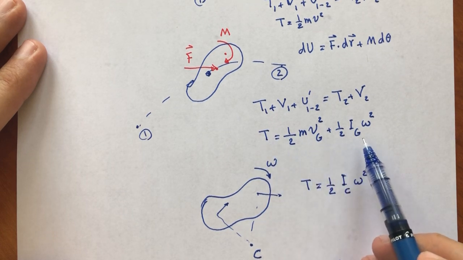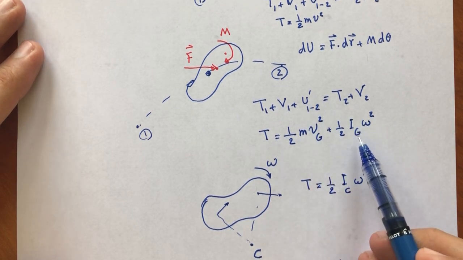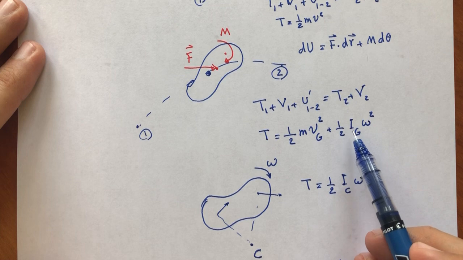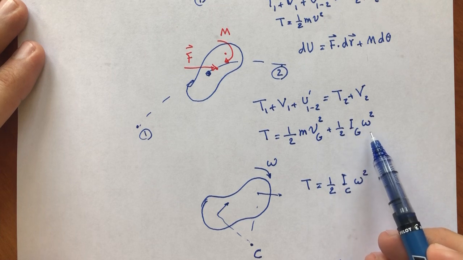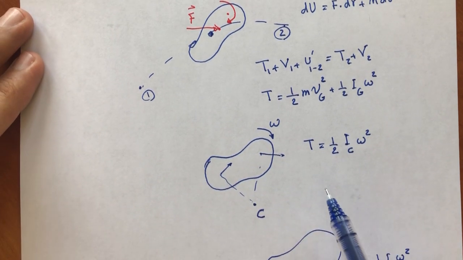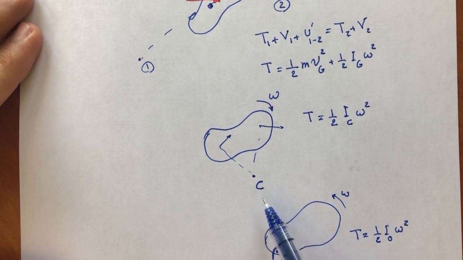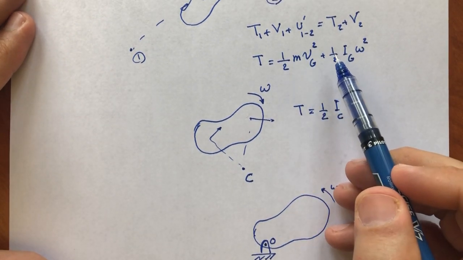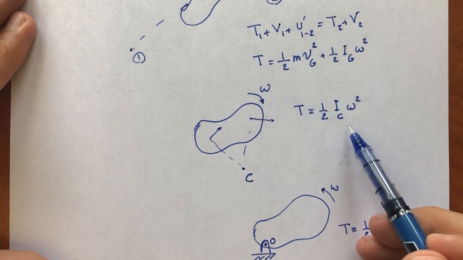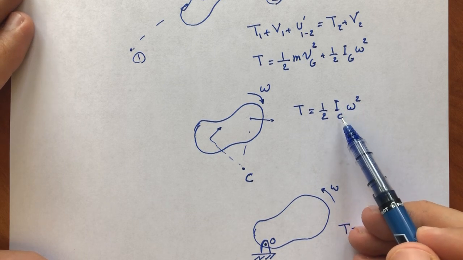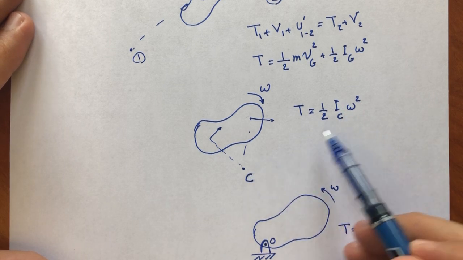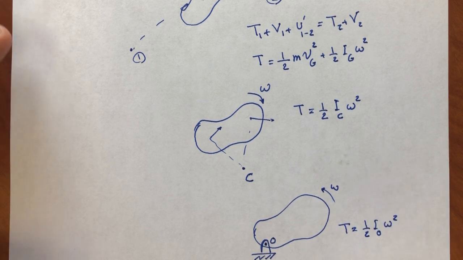The general equation for it is this. We need to add 1/2 of Ig omega squared to it. And if we know where the center of rotation is, sometimes it might be better to use this equation instead. We can calculate I about the center of rotation, then multiply by omega squared divided by 2.